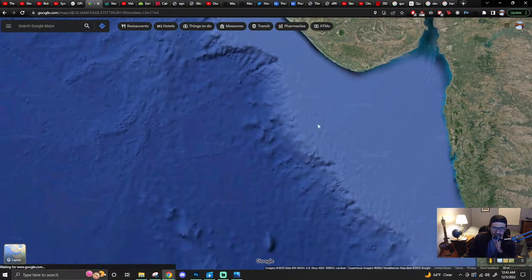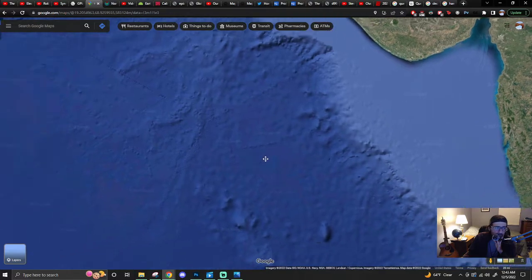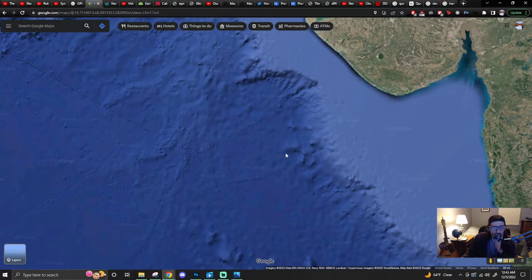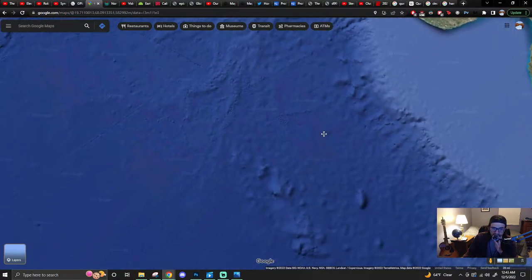I think Shiva crater is around here too, somewhere, maybe here. That sure looks like it right there. So maybe it's just hitting resistance.